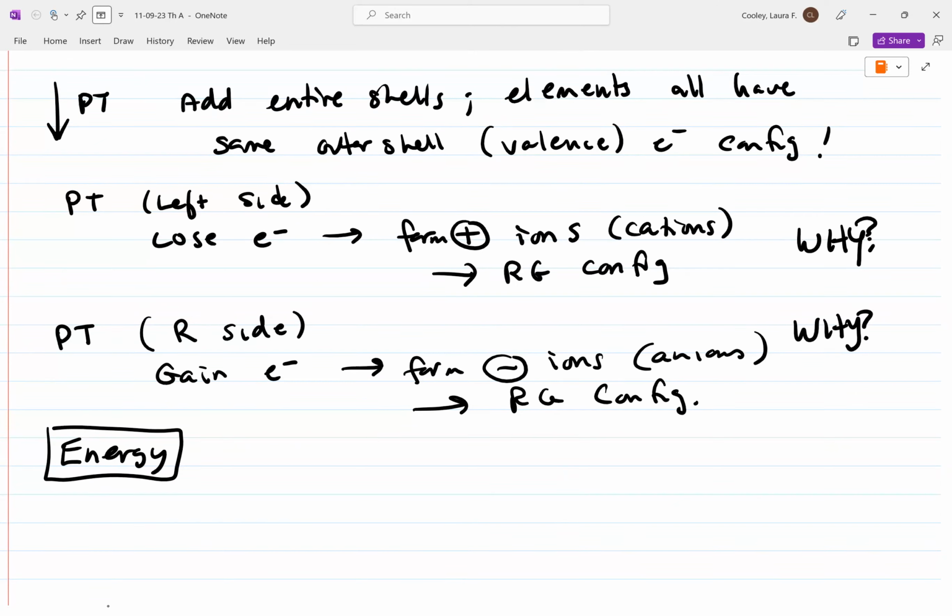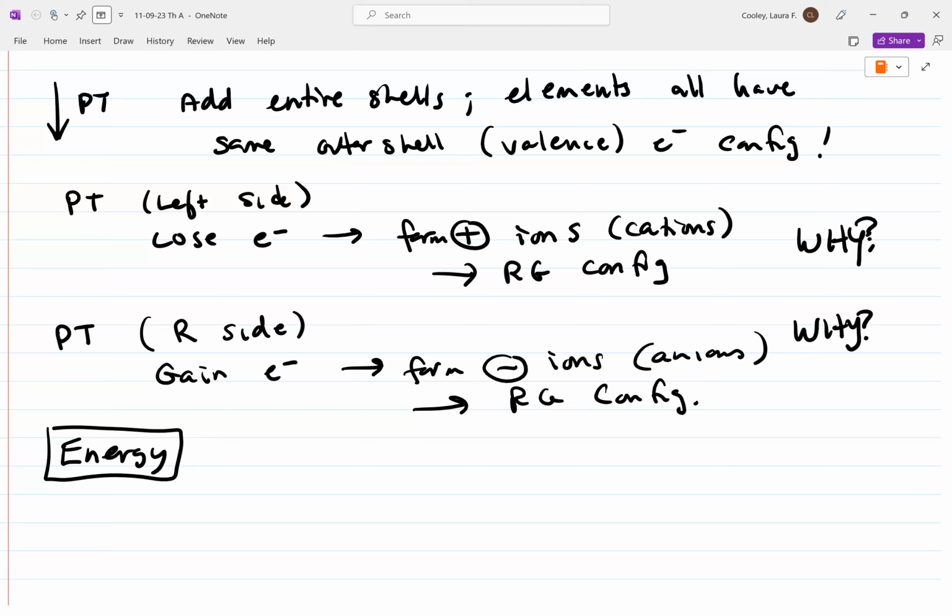And there are some properties that we learn about in this class that vary as you go across the periodic table and down the periodic table. If you remember, the title of the chapter in the book is something like electronic properties and periodic properties. These are properties that vary in a very understandable way as you go across the periodic table and as you go down the periodic table.